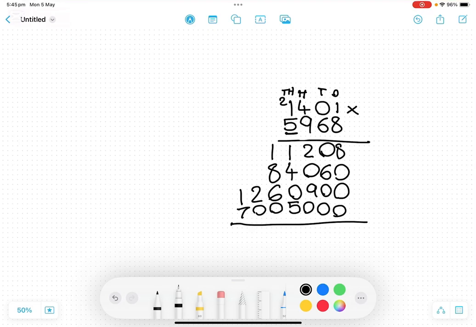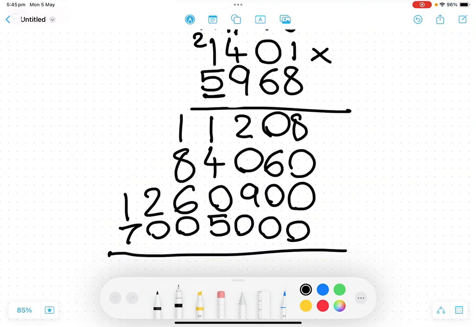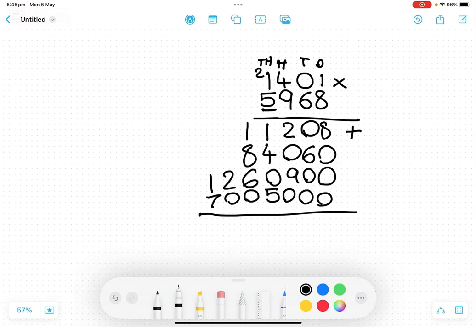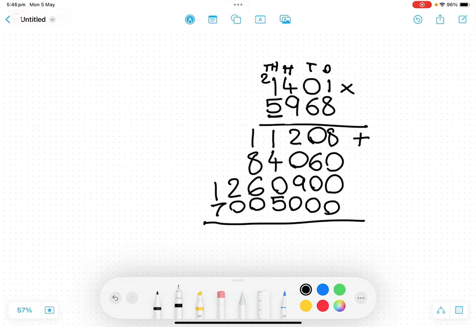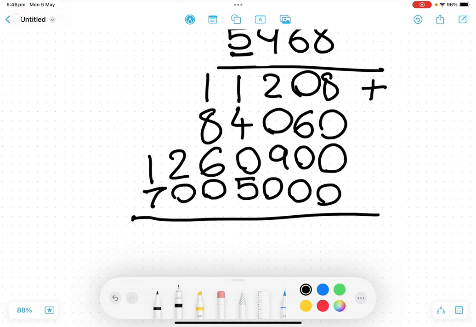So now we're going to go on to adding. Separate it, and now make sure to add the plus sign so you know what you're doing. So most of this is pretty easy. 8 by 0, 8, 6 by 0, 6, 2 plus 9 is 11, carry the 1 onto the next number.